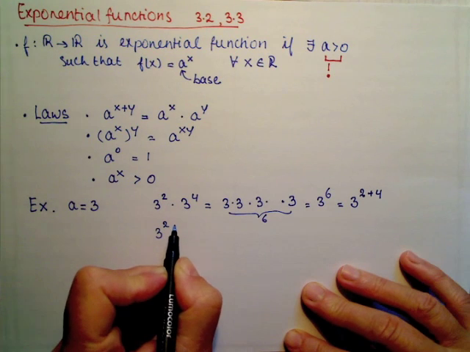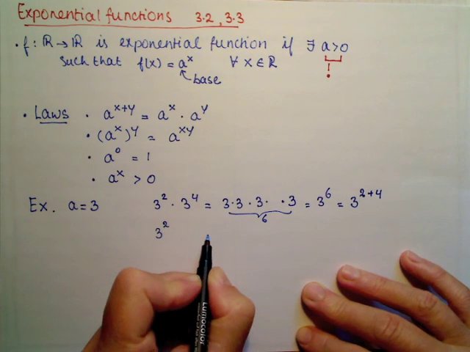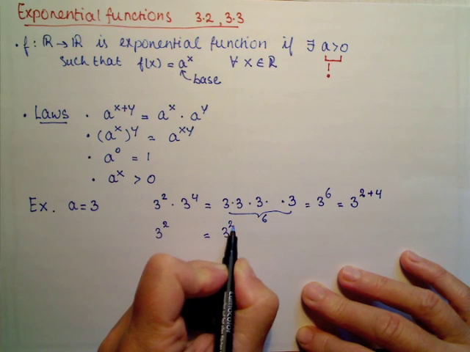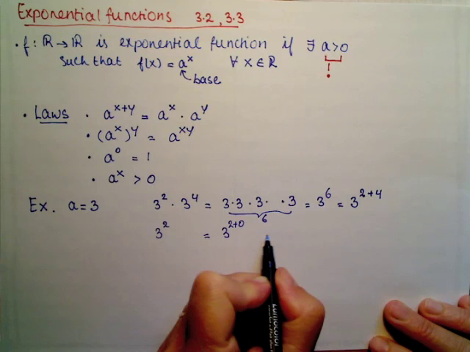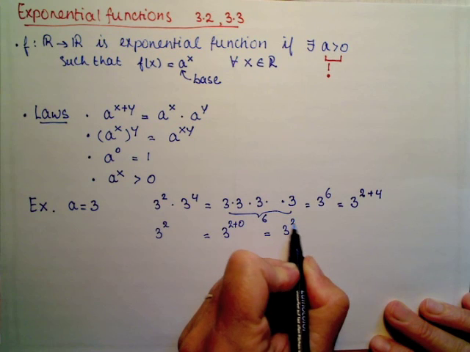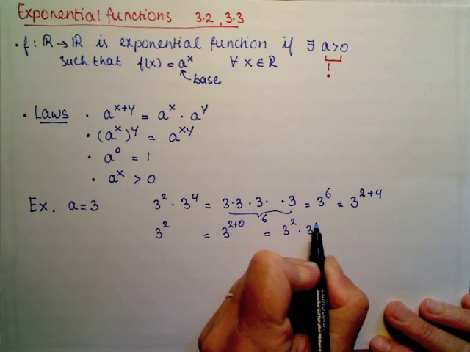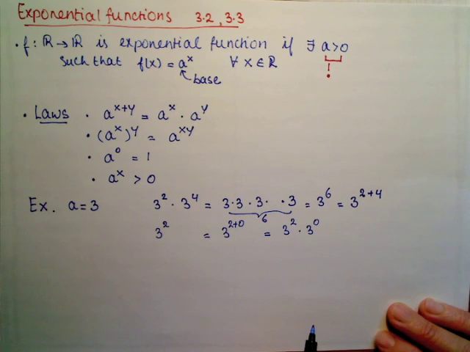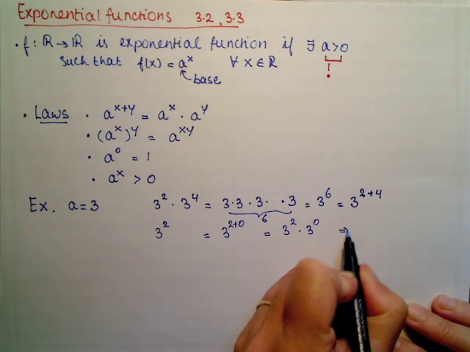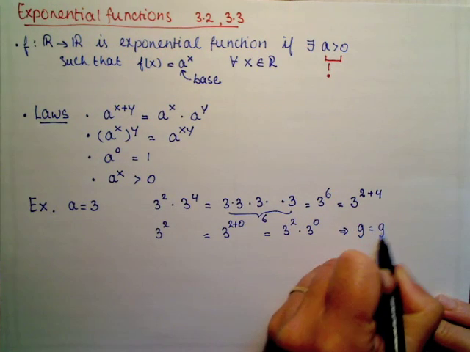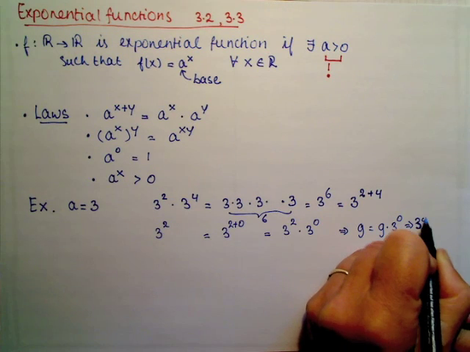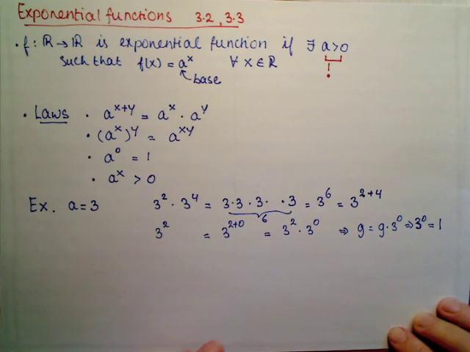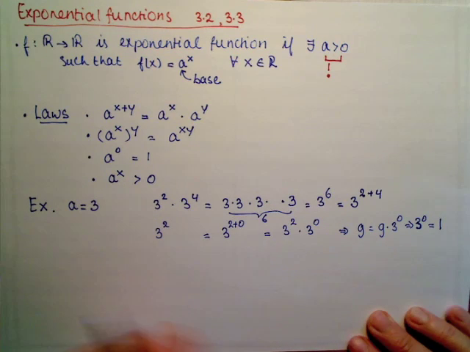If we have 3 to the power 2, for instance, then this should be equal to 3 to the power 2 plus 0. By our law of multiplication, this should be equal to 3 to the power 2 times 3 to the power 0. What you get is 9 equals 9 times 3 to the power 0. So 3 to the power 0 should be 1. There's no other conclusion than that this must hold.